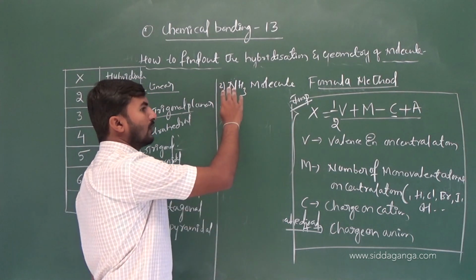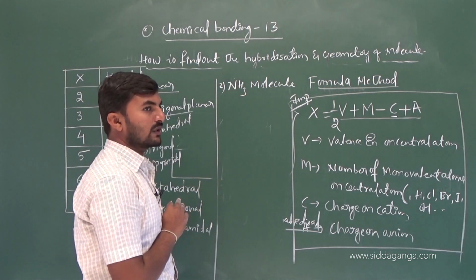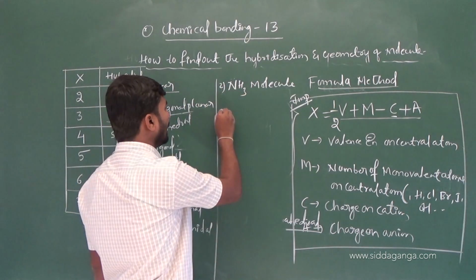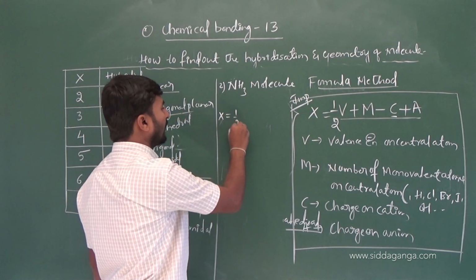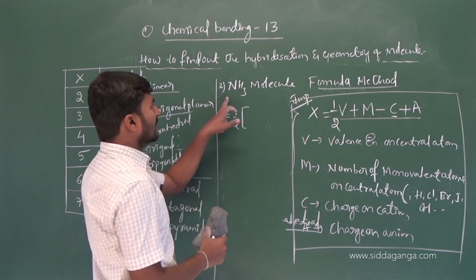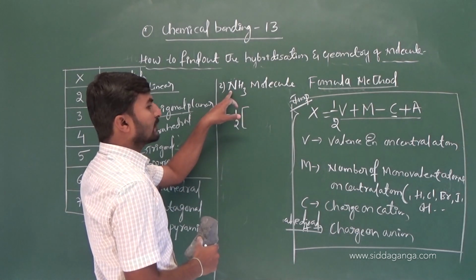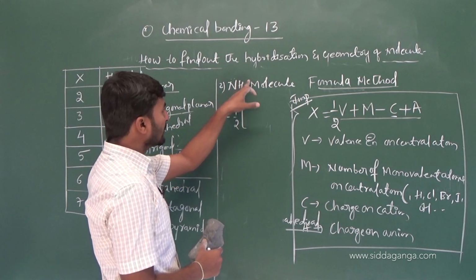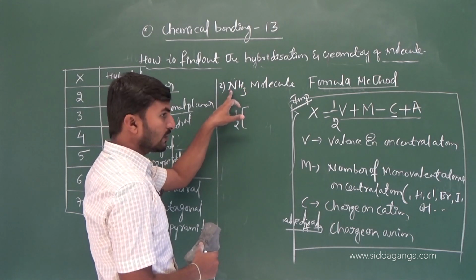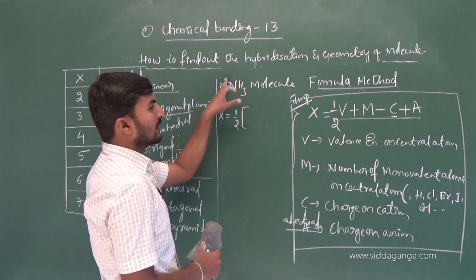Now I don't know the structure of this NH3 molecule. We have to apply this formula directly. Half into, which is the central atom here? Nitrogen will become the central atom because it is present in a lesser number. 3 atoms of hydrogen, 1 atom of nitrogen, that is why this will be the central atom.